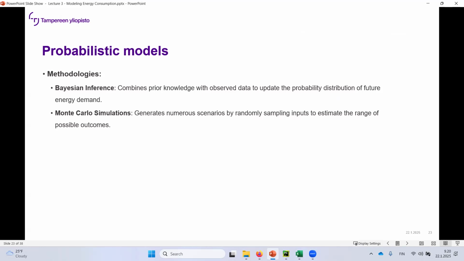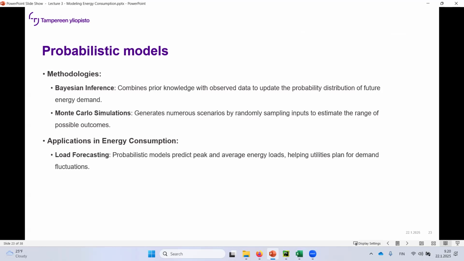It generates numerous scenarios by randomly sampling inputs to estimate the range of possible outcomes. So that's what we did last time. We had the solar production and the wind production, and they had certain probability functions. So that affects the outcome.